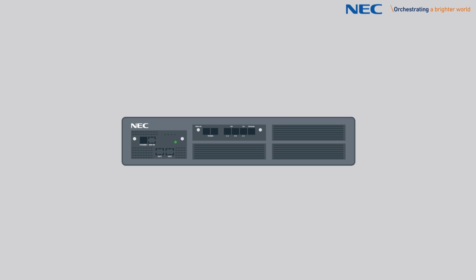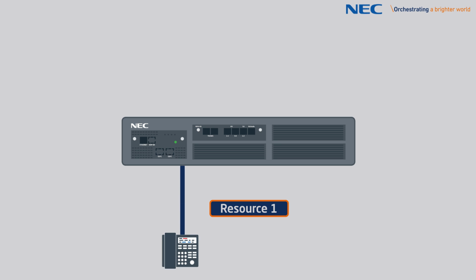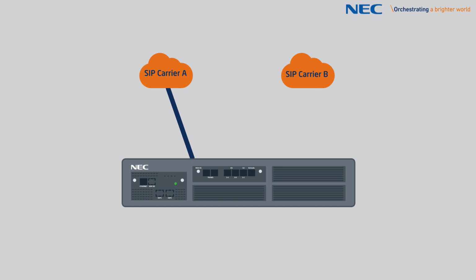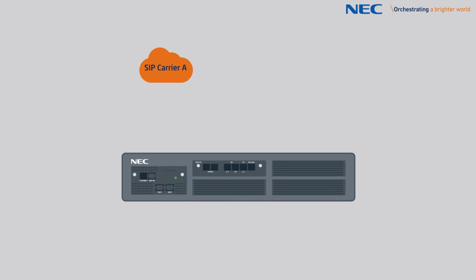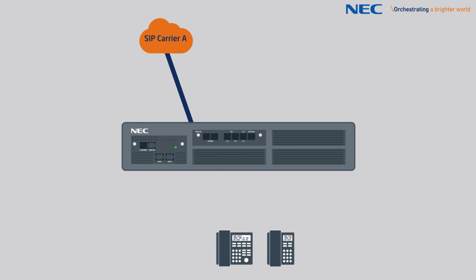The SL2100 has 8 IP resources built into the CPU card. One resource is used when an IP device is active on a call. SIP trunk to SIP trunk calls use 2 IP resources while the call is active. SIP trunk to digital or analog phone calls use 1 IP resource while the call is active.